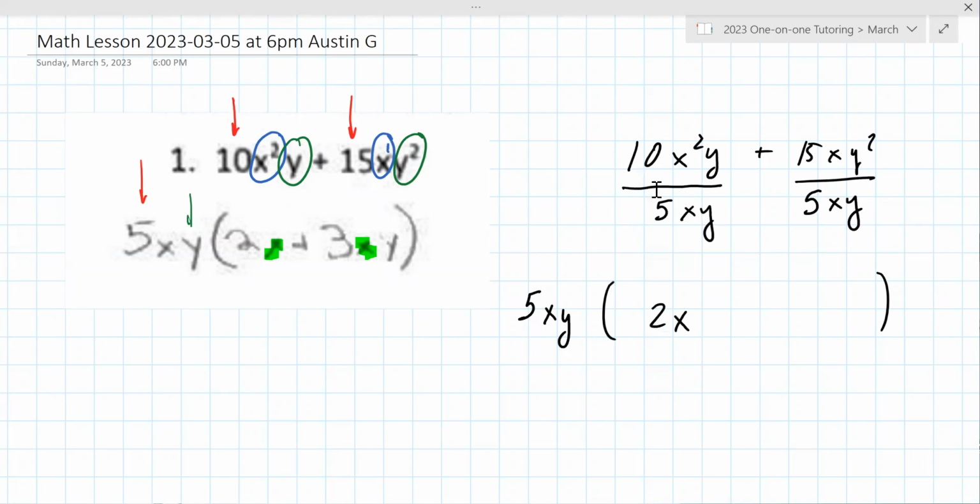But in the second one, maybe that's a times y? It kind of looks like an x to me. It should be just 3y on the second one. The x's end up canceling. Oh yeah, because it's just 1x, so 5xy times 3y equals 15xy squared. So that should be just the 3y there on that one.